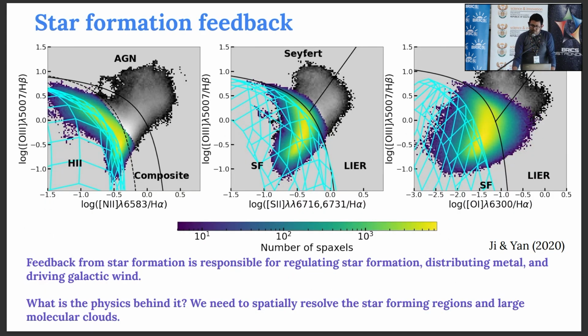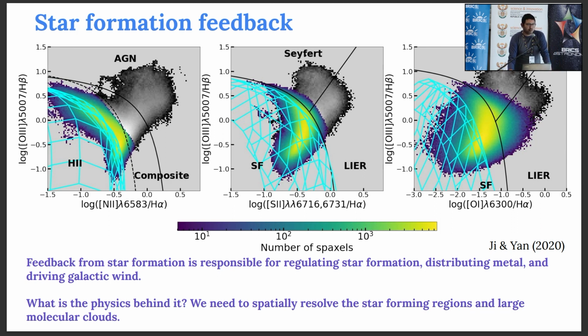One of the ways to probe star formation is looking at star formation feedback. And by feedback, we generally look at emission line maps in a BPT diagram. A BPT diagram is basically X and Y, where both have ratios of emission lines against nearby Balmer lines.